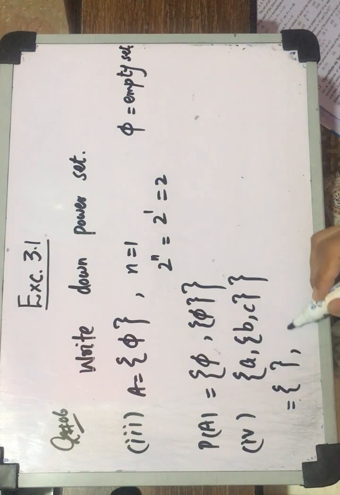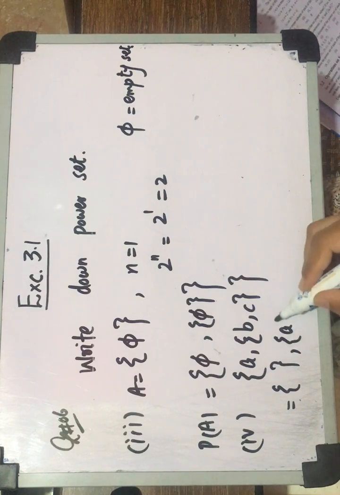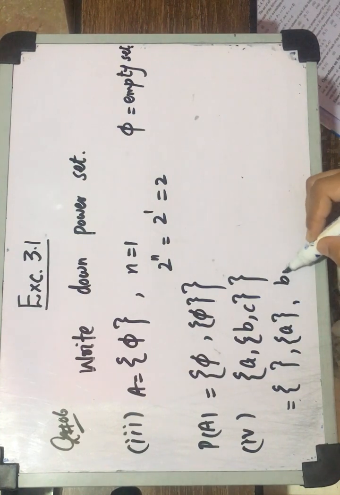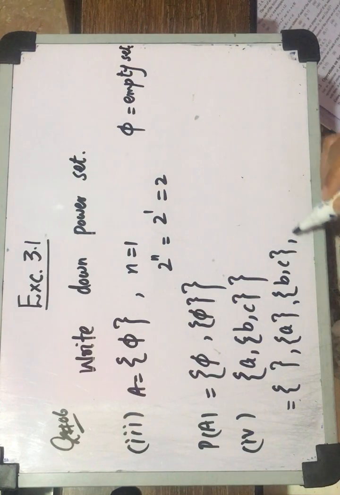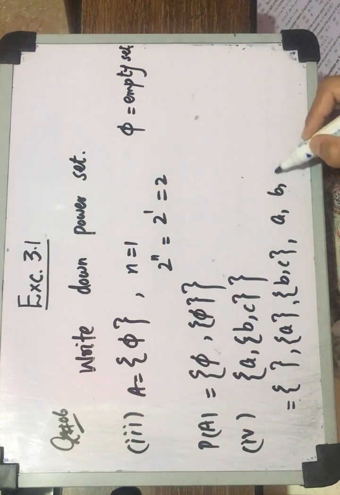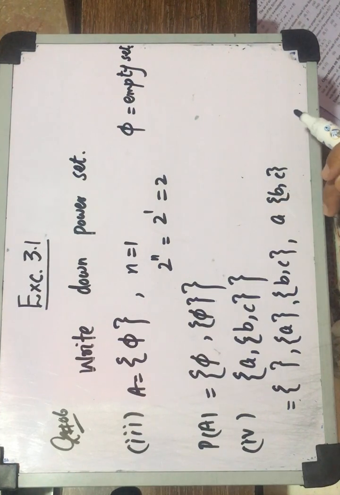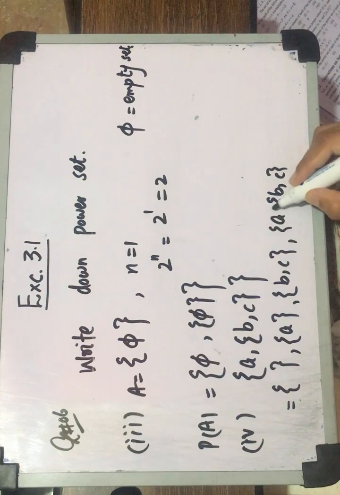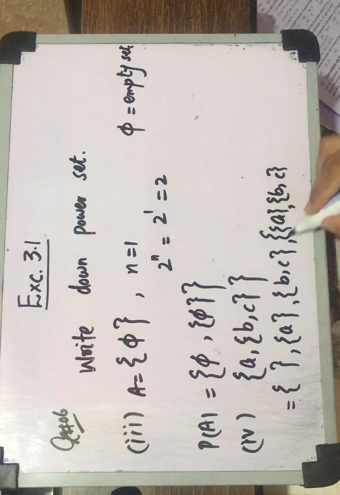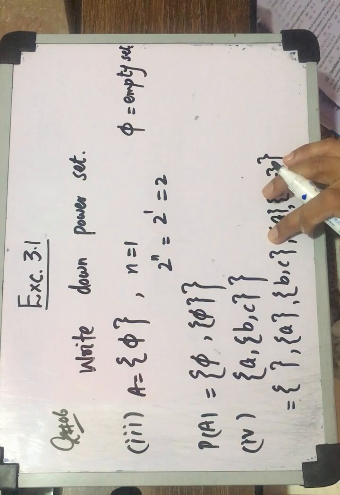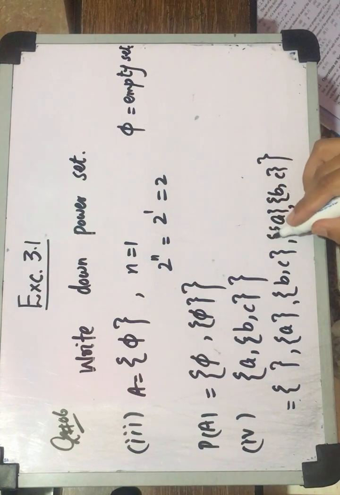The first one is an empty set, second will be A, third will be B C, and fourth will be A B C, all together.